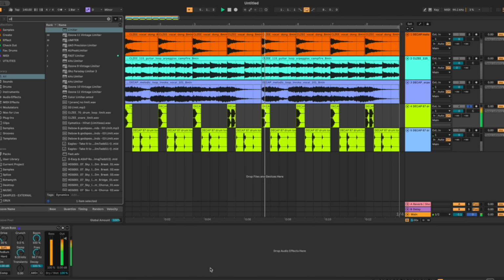So now let's start slowly adding elements here. So we want our kick to be prominent. This is kind of like a hip hop beat, and so that means it's already as loud as it's going to get.